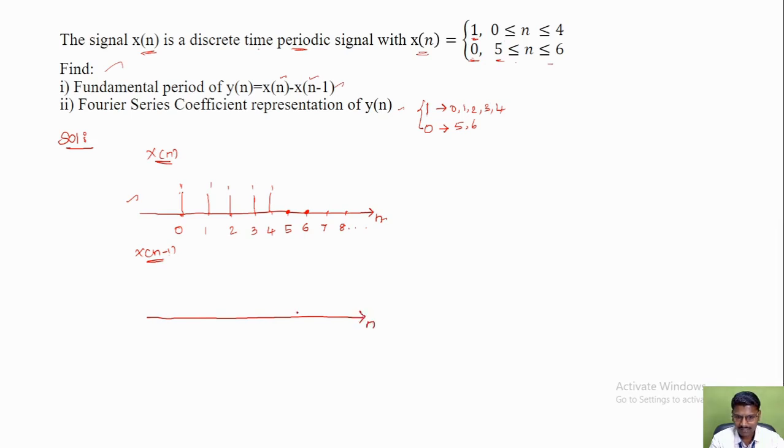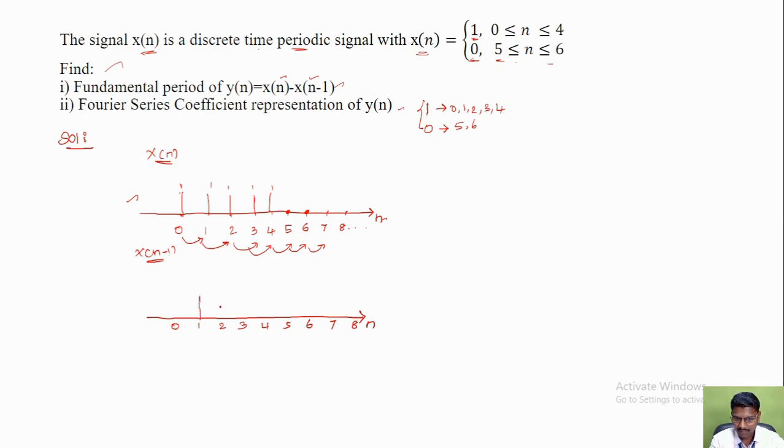The above graph can be drawn as, since it is delayed by 1 unit, I just move each sample one position towards the right. So the 0th sample will move to the first sample, and there will not be any signal at the 0th sample. 0, 1, 2, 3, 4, 5, 6, 7 and 8. Now let me shift the signal.